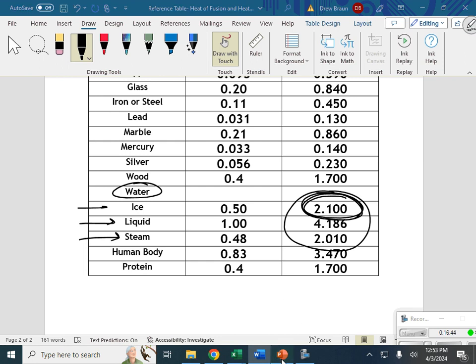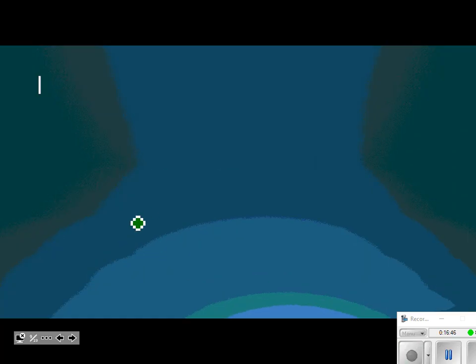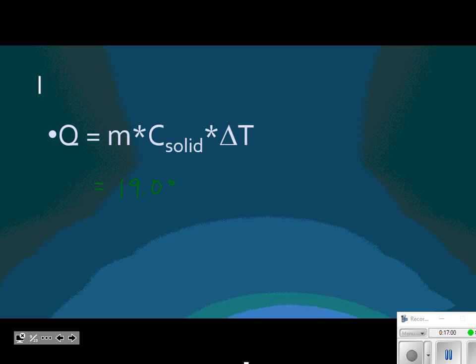So as I come back to my diagram here, and I look at this and I say, okay, M is equal to 19.0. I'm going to multiply that by my C of solid. Well, my C of solid, I just said, was 2.100. And if you look at the label up at the top of the column, it's joules over grams times degrees Celsius.